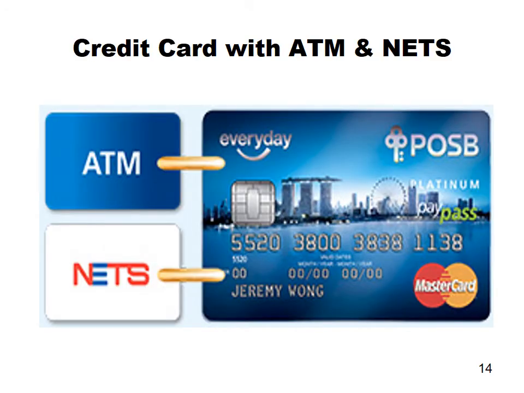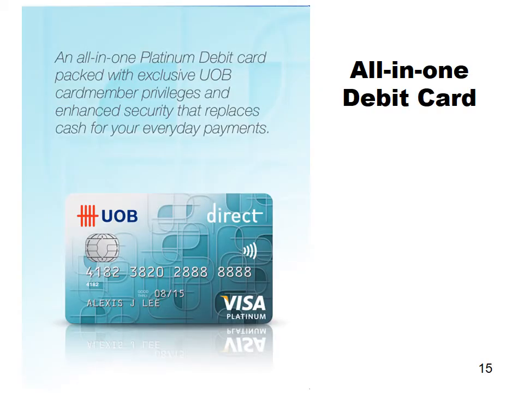This is a credit card with ATM and NETS services. And it's all in one card, your UOB debit card. Basically, this debit card has many services provided by this one card.